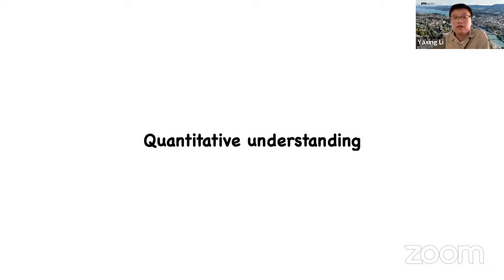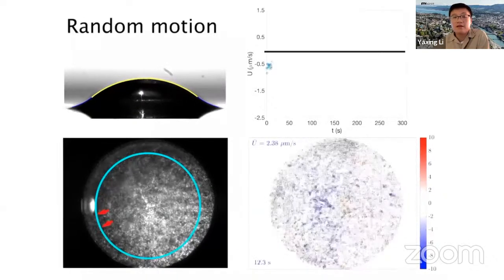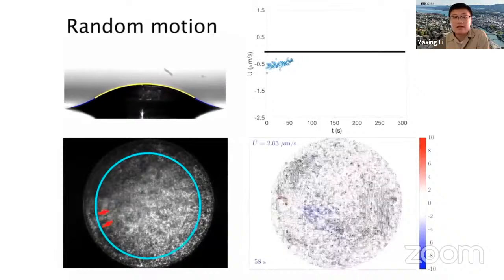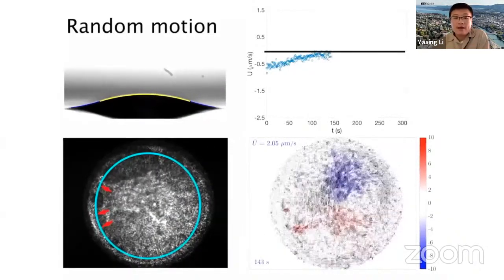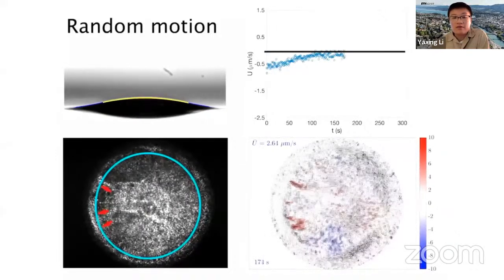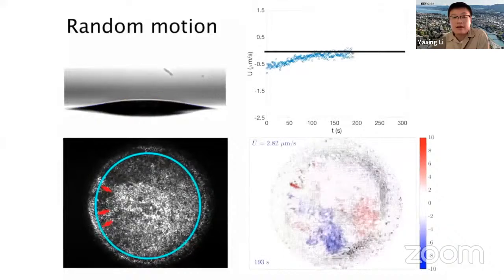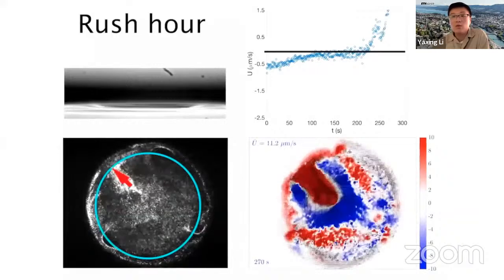Can we quantitatively understand these things? Of course. We do the PIV measurements simultaneously with the side view. Here I just show you the temporal pictures of the flow structure. You see that most of the time, the radial velocity is pretty low.